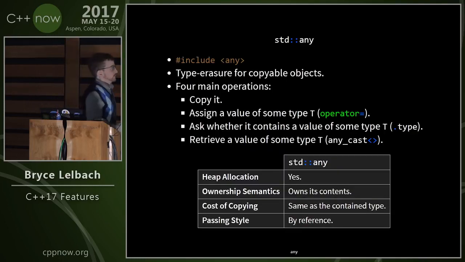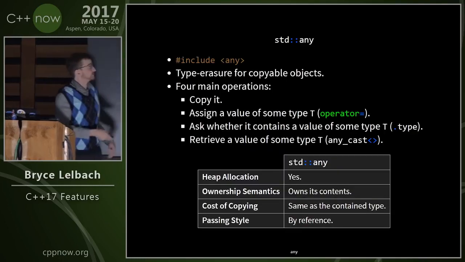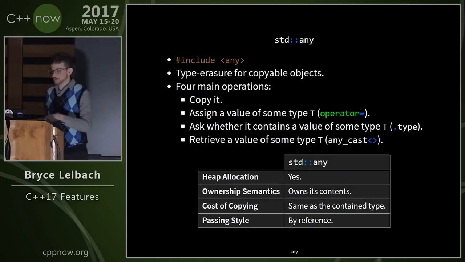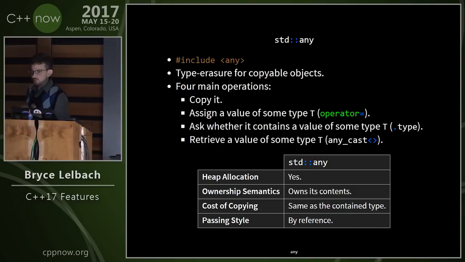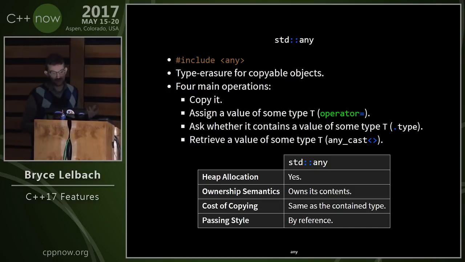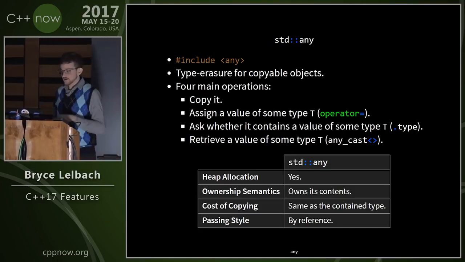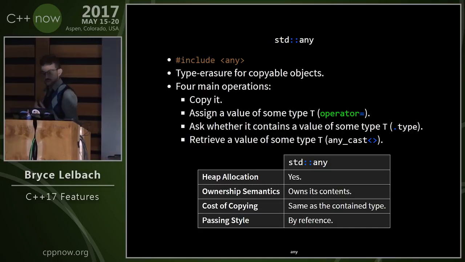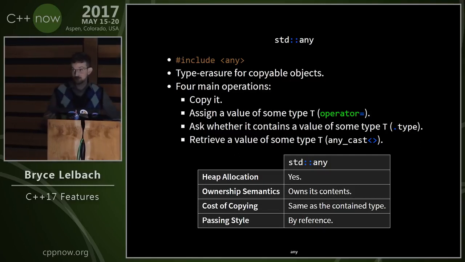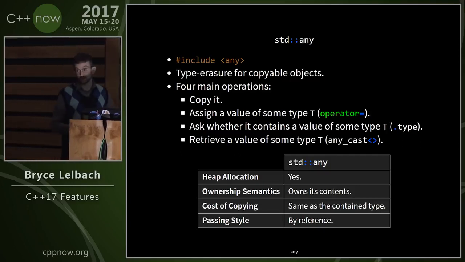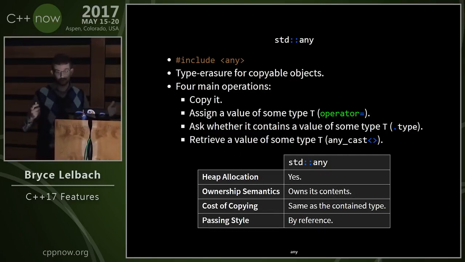Pretty cool. It's in this header, any. It's type erasure. The objects have to be copyable. There are 4 main operations you can do with any. You can copy it. You can assign a value of some type T. You can ask it whether it contains a value of some type T. And you can retrieve a value of some type T from it with this any_cast, which will throw an exception if you try to get a type out of it that it's not currently holding.